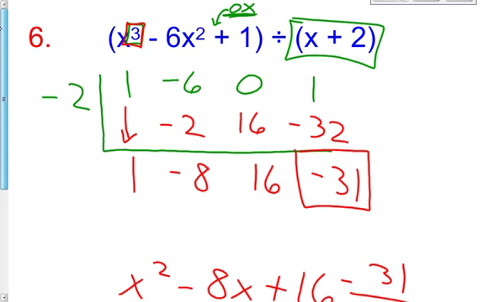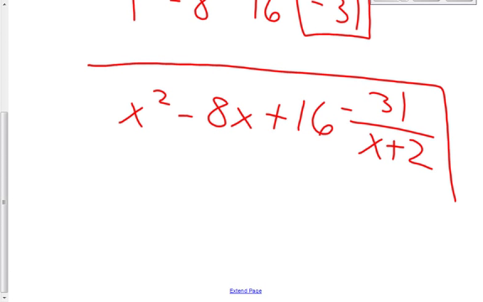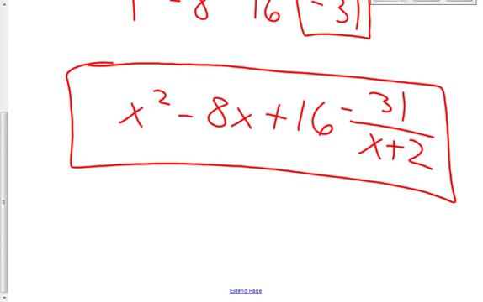Your divisor is x plus 2. So -31 over x plus 2. And this, class, is what our answer is: x squared minus 8x plus 16 minus 31 over x plus 2.